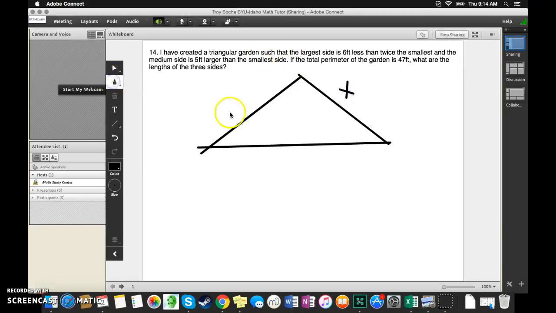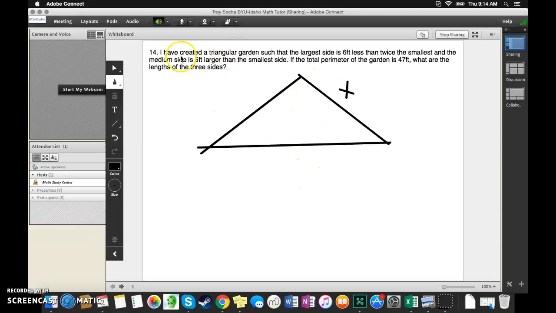We know that the smallest side is x because whenever it mentions the smallest side in here, it doesn't say what it does. It just says that this one is 6 feet less than twice the smallest. This one is 5 feet larger than the smallest, and so we see that the smallest is actually x because we don't have anything that goes with it. And that'll make sense here in a second.